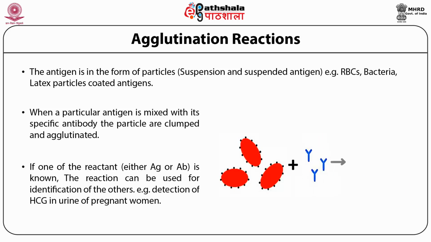When this antigen is coated on these agglutinating particles, it reacts with an antibody. Then you see the agglutination. Agglutination is nothing but the formation of a lattice between antigen and antibody. The first methodology exploited was the detection of HCG in the urine of a pregnant woman using this agglutination reaction.